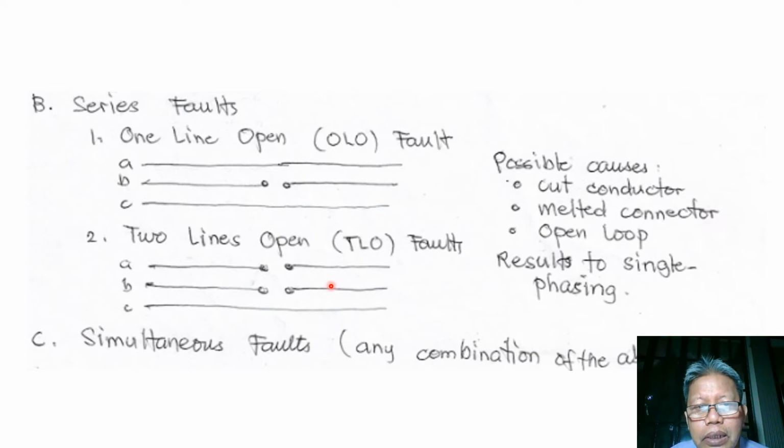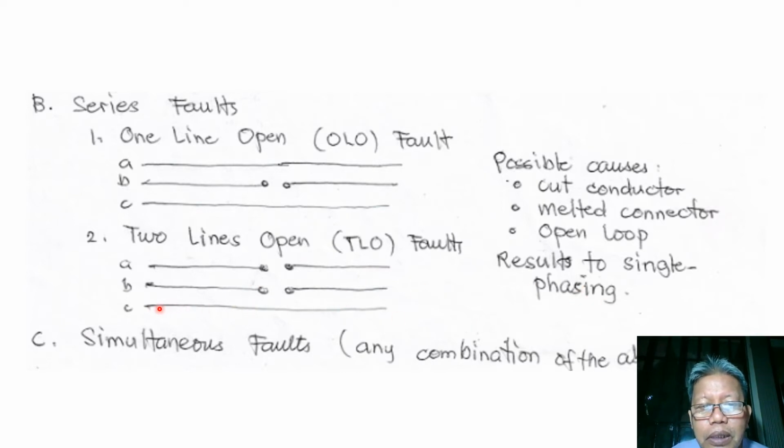Now another case is when we have two conductors open. So we have this, conductor A is open, conductor B is open. We call this the two lines open fault. This kind of fault results in single phasing.